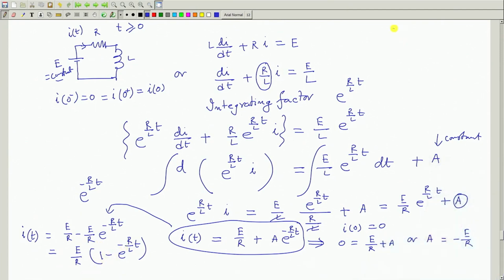So, if I sketch this current here, it will be like this, t. And this axis is i(t). For t less than 0, current was 0.